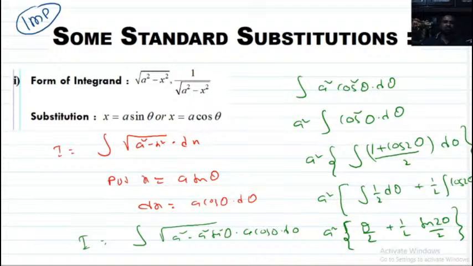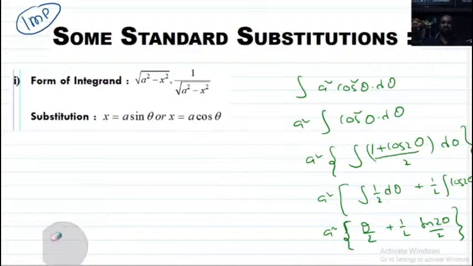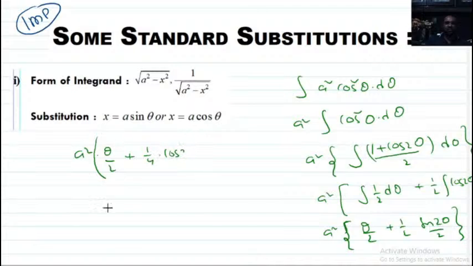Friends, what you will get: a square into theta by 2 plus 1 by 4 into sin 2 theta plus c. But your answer should be in terms of a and x only.